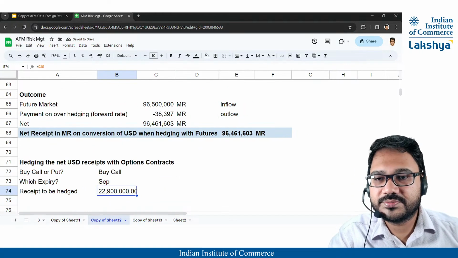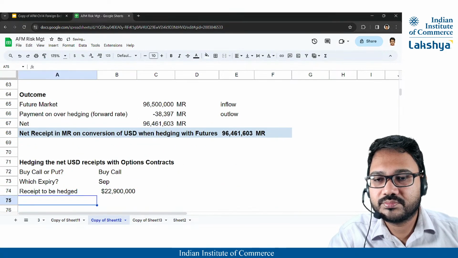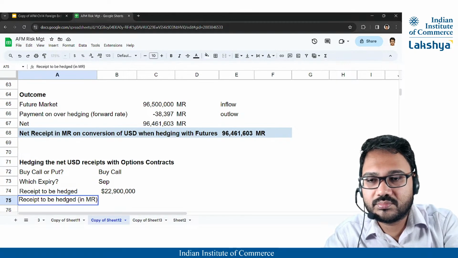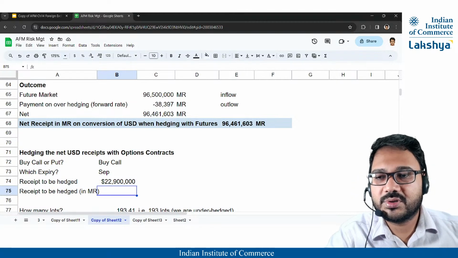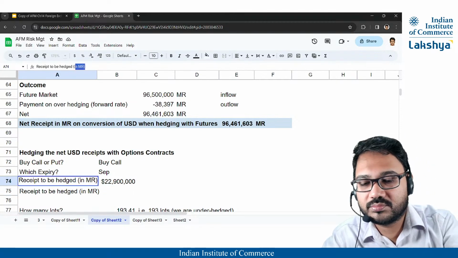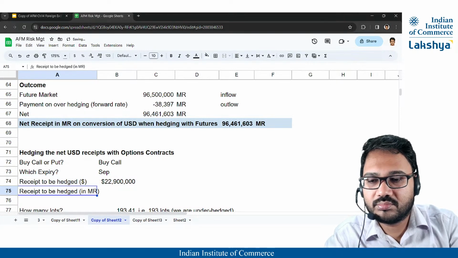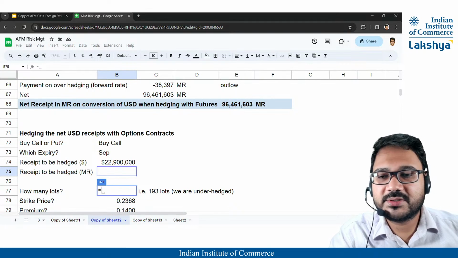these many dollars. In MR, it will be this, and this is in USD. You need to convert this at the strike price.